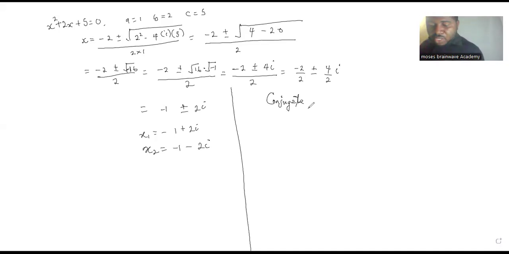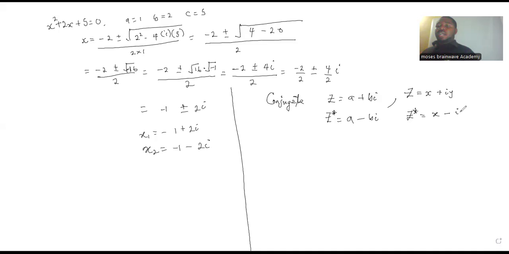Now, the conjugate of a complex number: if a complex number is equal to a plus bi, then the conjugate is just a minus bi. Similarly, if I have a complex number in terms of x plus iy, then the conjugate of this complex number is x minus iy.